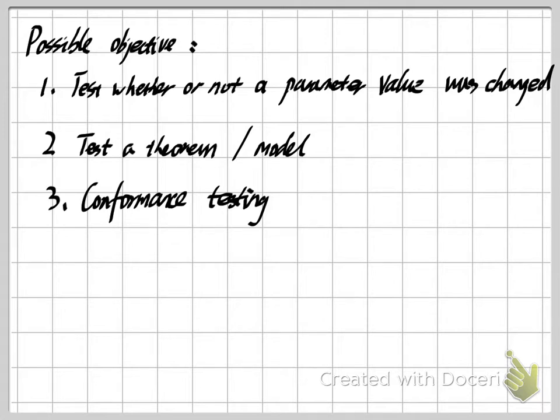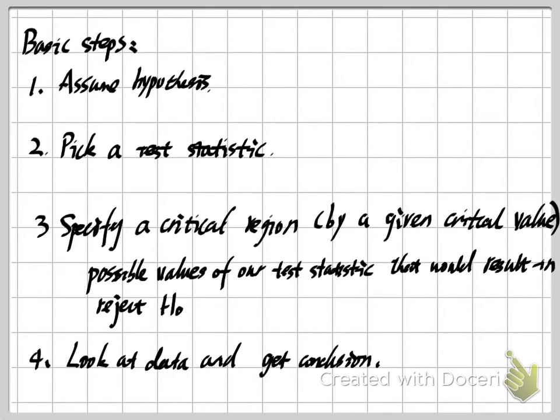Now let me explain step by step how to do a hypothesis test. The first step is to decide what our hypotheses are, that is, what our H0 and our H1 are.